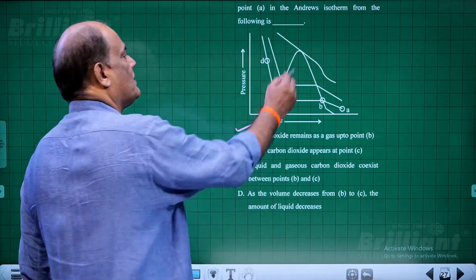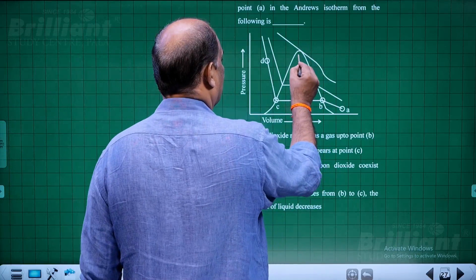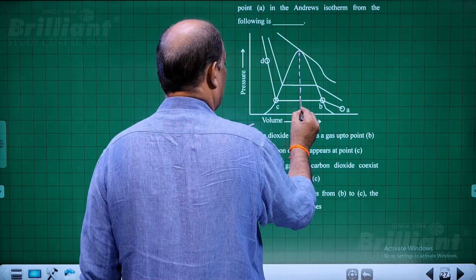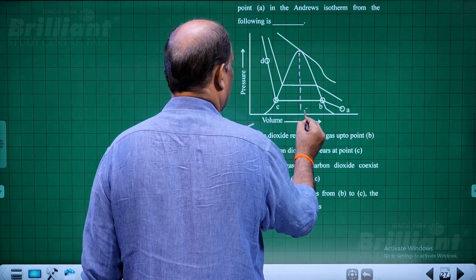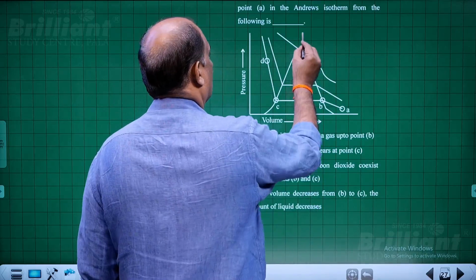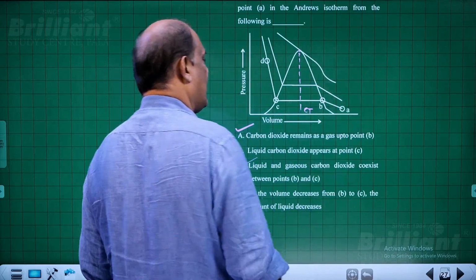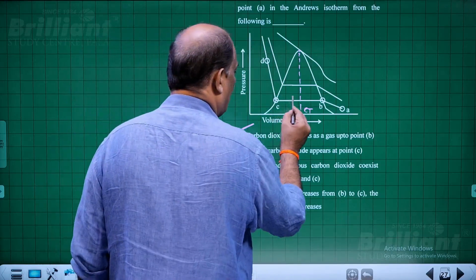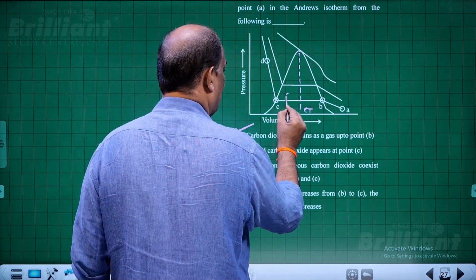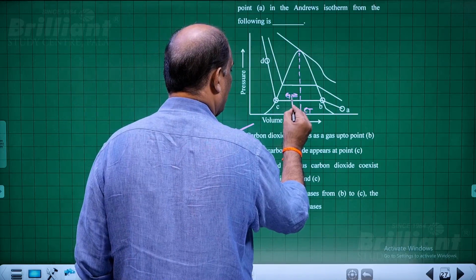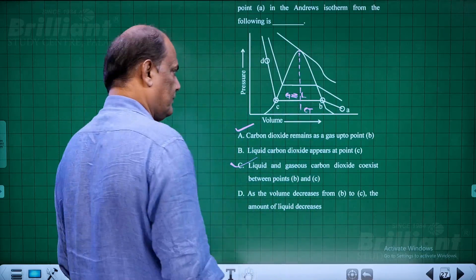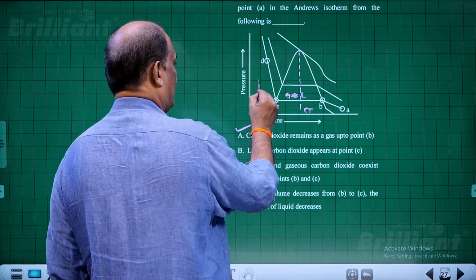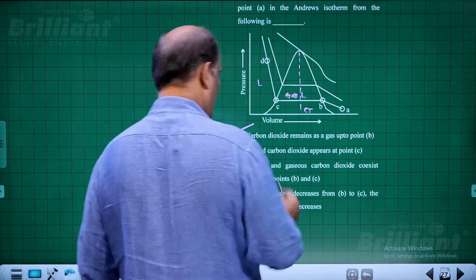This isotherm is the critical temperature, the temperature above which gas cannot be liquefied. This is all liquid phase. This is the equilibrium between gas and liquid. From here to here only liquid. Right? So only two are correct.